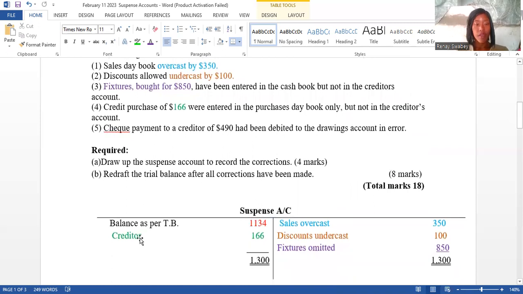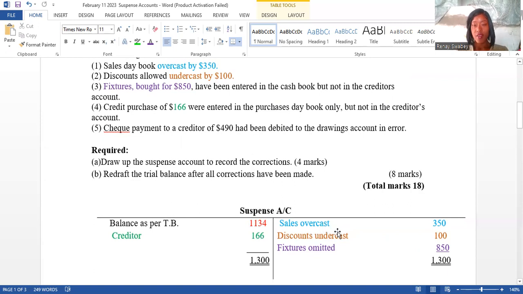So balance as per TB means balance as per trial balance. And we saw where we got the $1,134 from. Creditor comes from error number 4, which has credit purchase of $166 were entered in the purchases daybook only, but not in the creditor's account. So we put our $166 here.